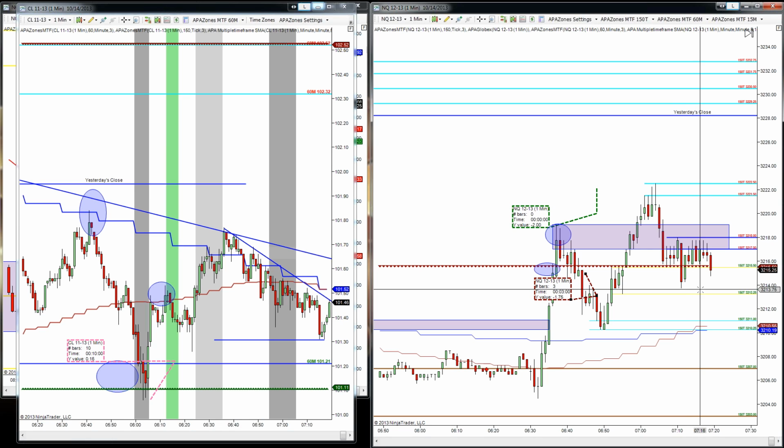Alright, so let's see how it retests the low here.